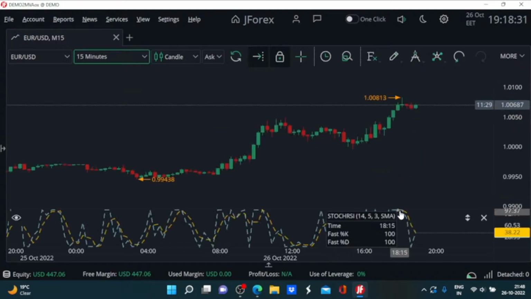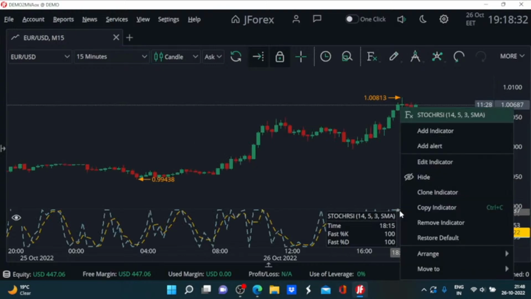Else you can even hard code these values, even though the chart is of 15 minutes. If you want the calculation input to be of hourly time frame, you can do that as well.